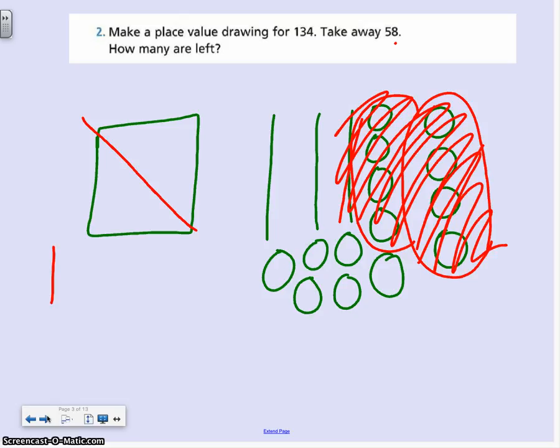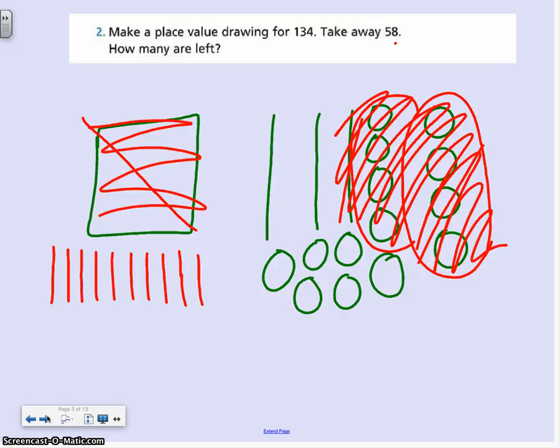So it'd be 10 place values. So 1, 2, 3, or 30, 40, 50, 60, 70, 80, 90, 100. So I'm going to cross this out just to make sure that I'm not getting confused. So you're telling me that right now we have 126, but we still need to take away 50.